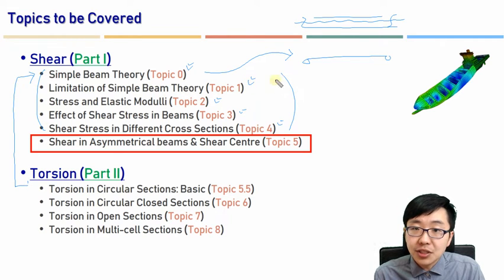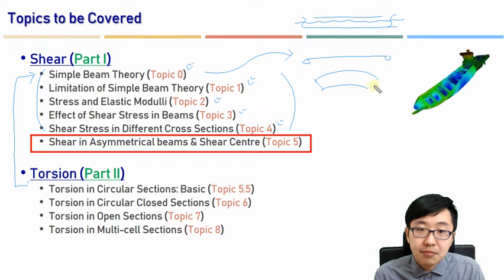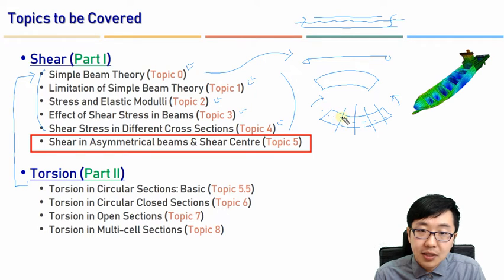Now the limitation: once we apply simple bending or pure bending moment like this, even if we cut the section at the center, the plane will remain at 90 degrees with the neutral plane.